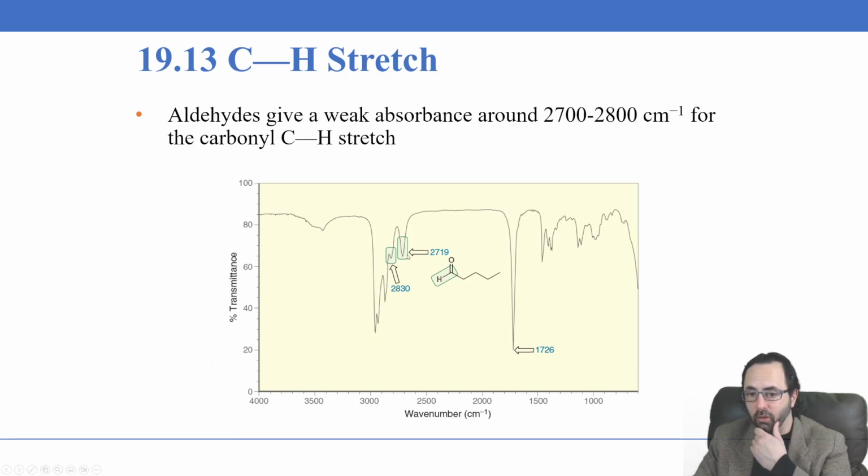And so here's a picture of that aldehyde CH stretch occurring about 2719 for the aldehyde. In addition, we get the carbonyl stretch, C double bond O, at around 1750-ish. And so this combination of factors is enough to usually identify the aldehyde on a molecule by the IR alone.